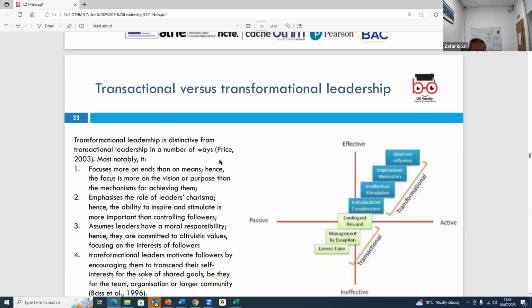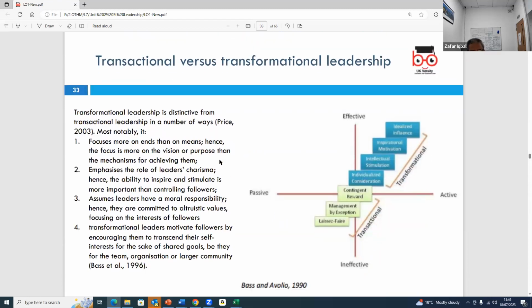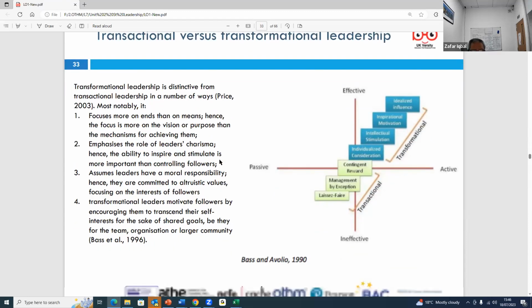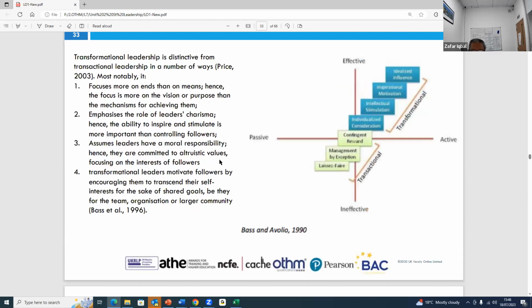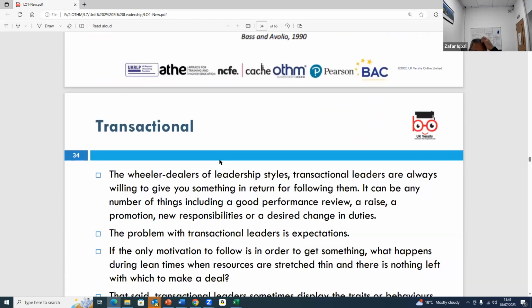going further, you need to look at transformational and transactional leadership. The transactional leadership style is a style that is always willing to give you something in return for following them.